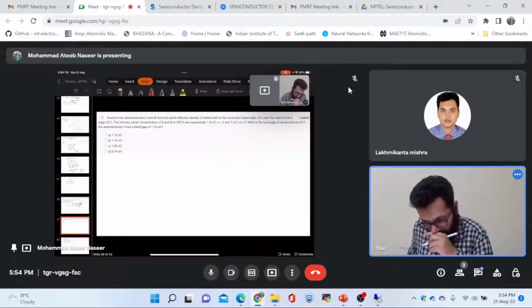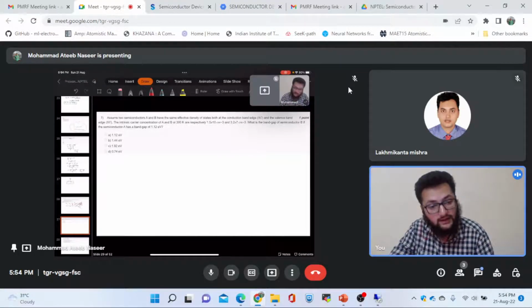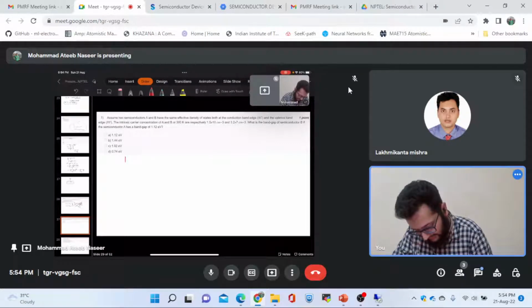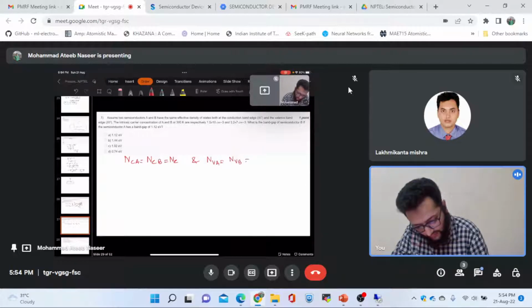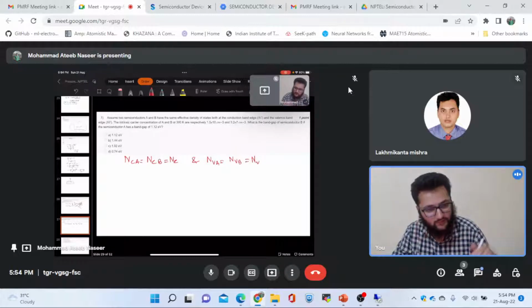So now if we state the conditions that we have here, we have the Nc of A equal to the Nc of B, that is the effective density of states at the conduction band, equal to Nc, and Nv of A equal to Nv of B equal to Nv, that is the effective density of states at the valence band.